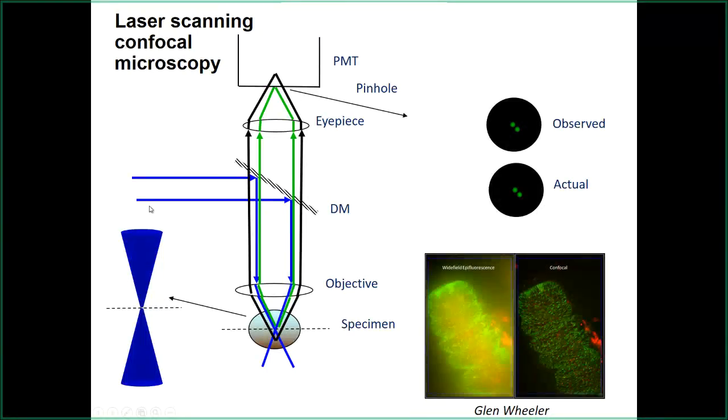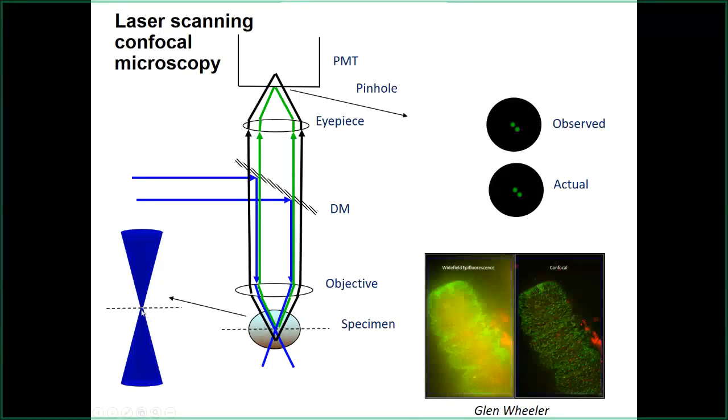Again, if you just look at this ray diagram, we can see how that happens. Here's the blue excitation light going in, the blue arrows. They are focused into the specimen. But of course, the light doesn't just focus to one spot in a normal microscope. It goes through the specimen. On the left here, we can see it goes through the specimen as a cone of light.